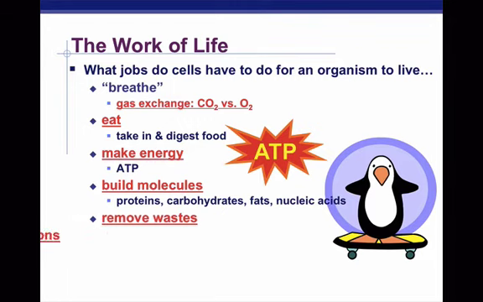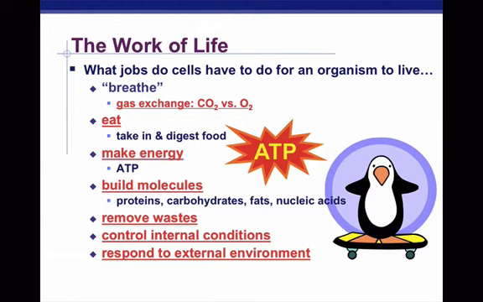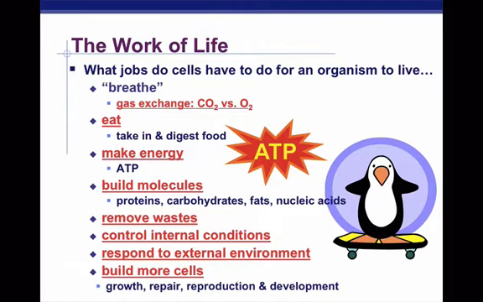Remove waste. Control internal conditions, homeostasis, balance. Respond to external environment and build more cells. And why do you need to build more cells? To grow, to repair, reproduce, and develop.